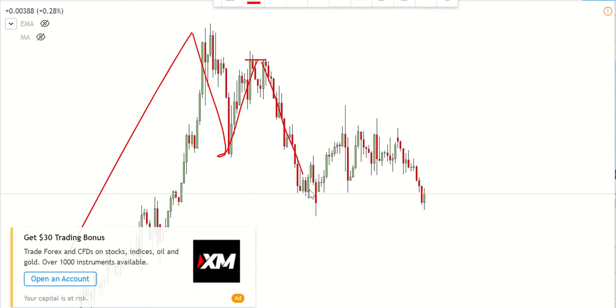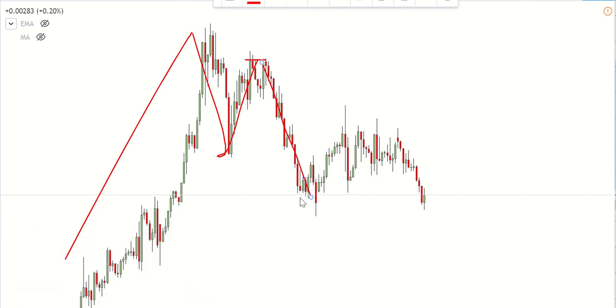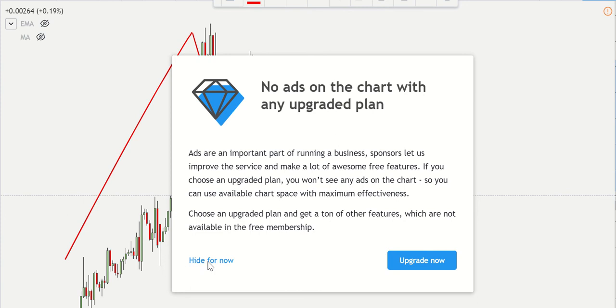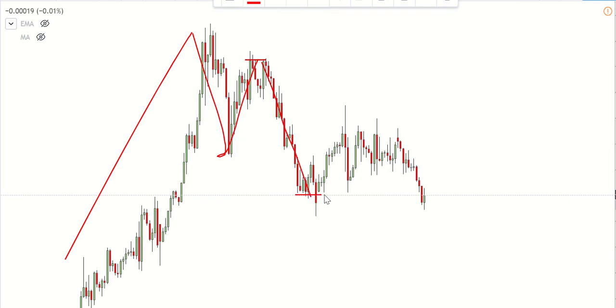Then price came back down, giving us another level of support, and it's a lower low compared to this previous level of support, or the previous low. Then price came back up and gave us a level of resistance there. Price created this low, but it's a higher low, as well as a level of support.